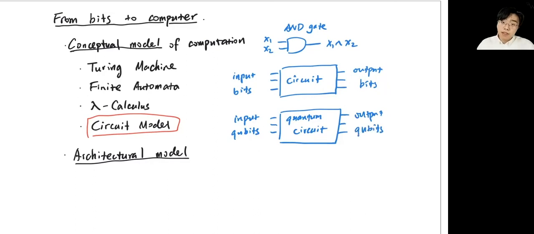Now, one of the advantages is that you can pass superposition states through the quantum circuit.